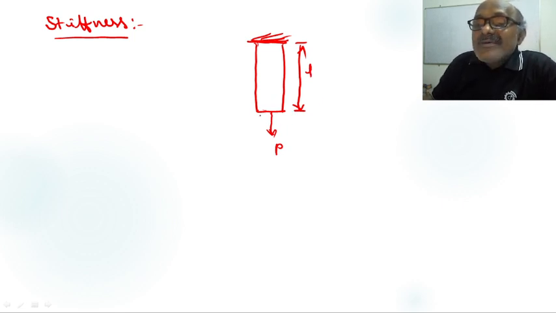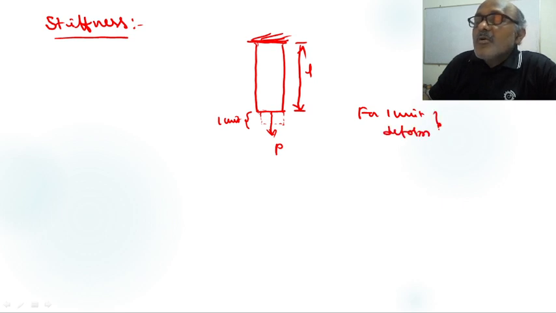Because of the load, there is a deformation in the bar. So for producing 1 unit deformation, how much load is required?